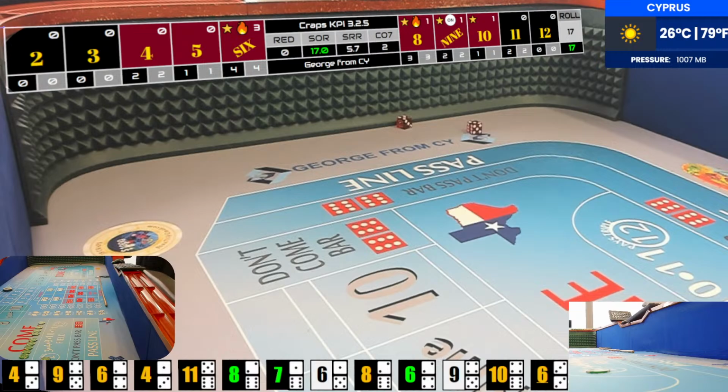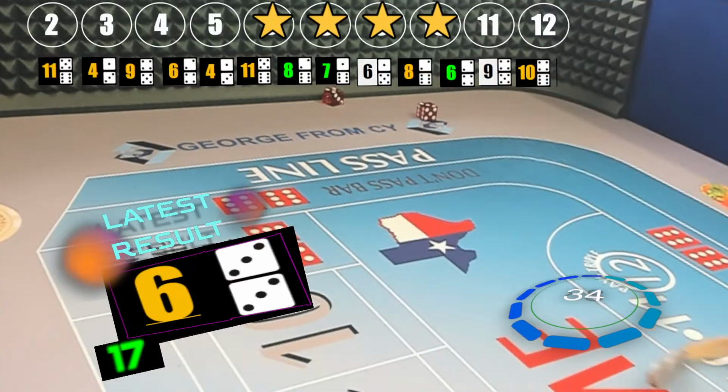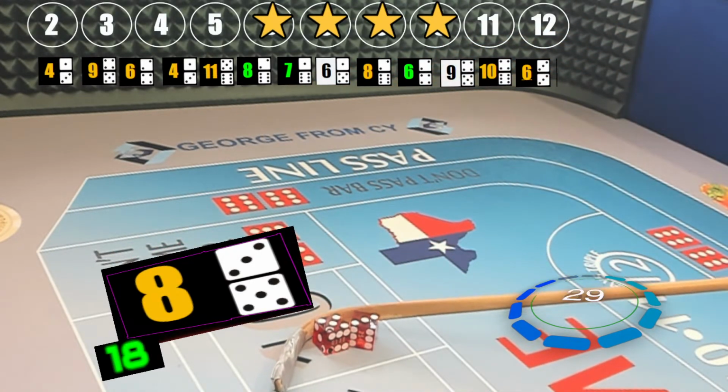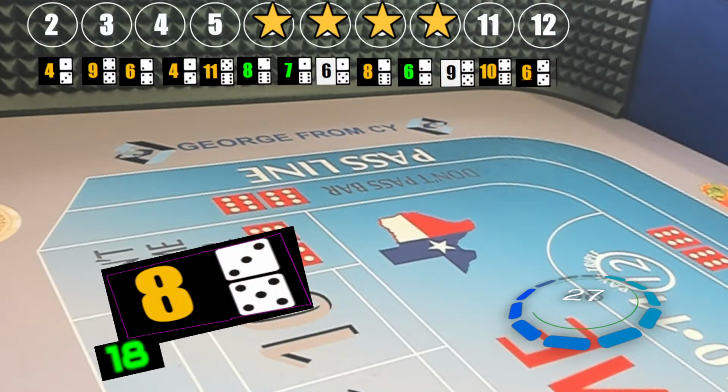That's the explosion of the left die. That's it, 12. Okay.